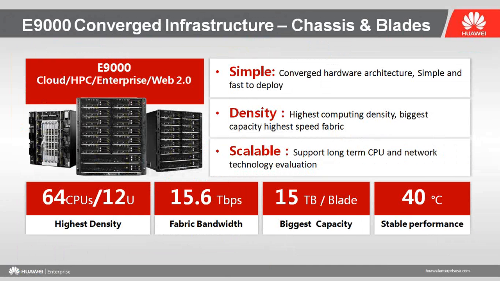So if we dive into the E9000 converged infrastructure, the E9000 is the chassis, and we have a number of blades which I can discuss on the next slide. The E9000 is really designed around the converged cloud, high-performance compute, can be used for enterprise application or Web 2.0 applications as well as your typical other deployments.